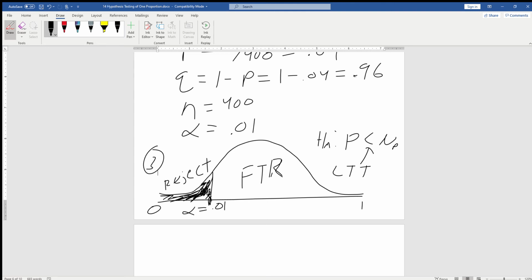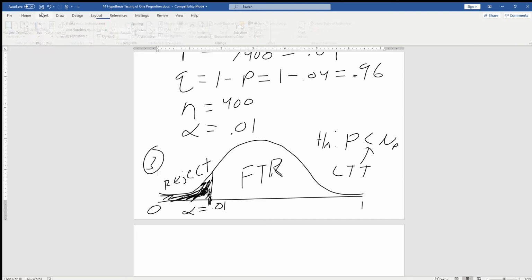All right, so make sure that all makes sense before you go on to the next step. But again, you look at the alternative hypothesis, and the alternative hypothesis determines left tail, right tail, or two tail. It also determines whether the cutoff point is alpha, 1 minus alpha, or alpha over 2 and 1 minus alpha over 2.